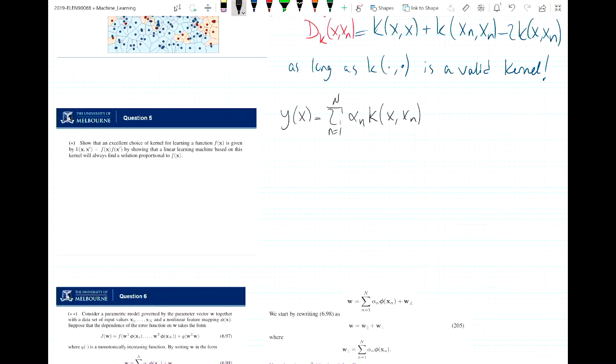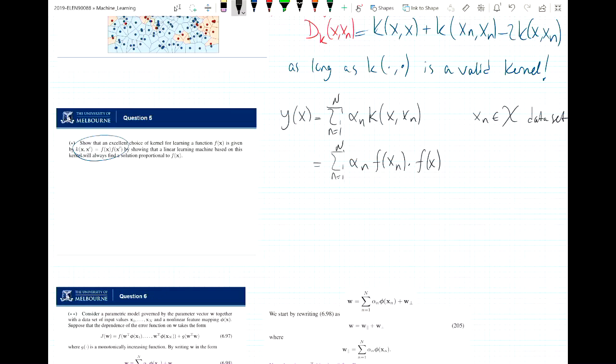Such a linear learning machine is linear in this kernel. Will it always find a solution proportional to f of x? We can substitute, because the kernel is given. If we write it down, we have the sum over n equals 1 to N of alpha_n, f of x_n, times f of x. I just substituted. Notice that x_n is part of our data set.